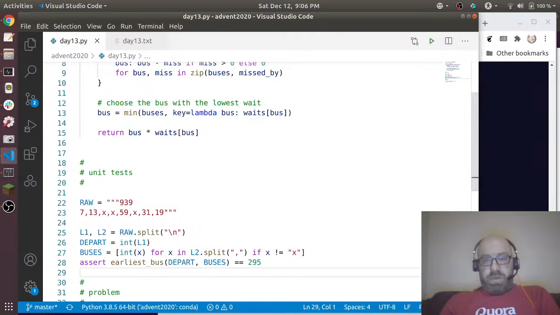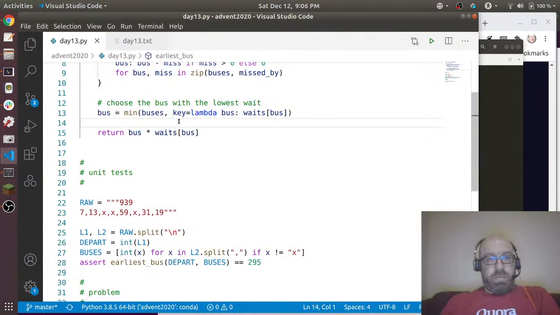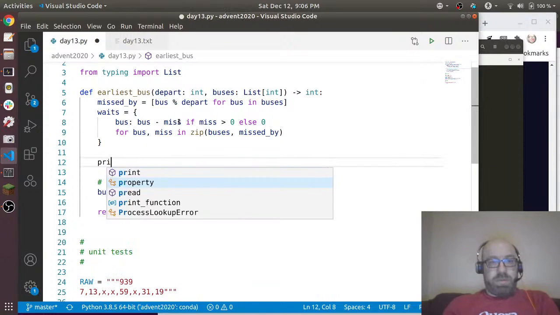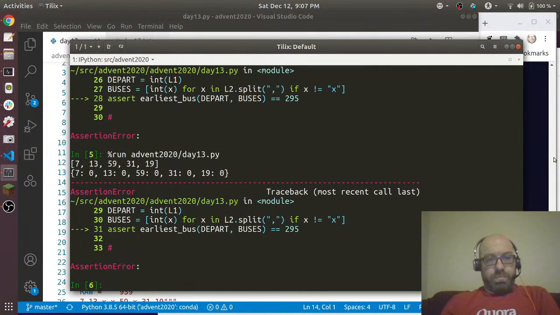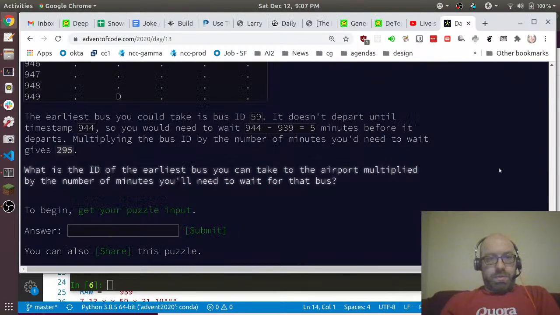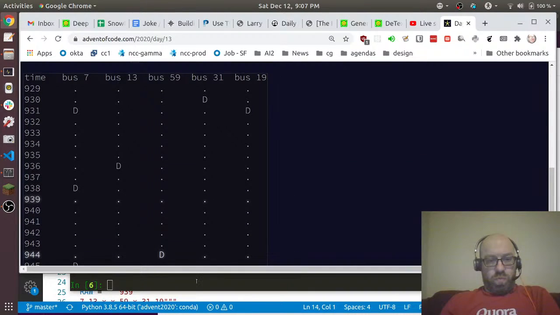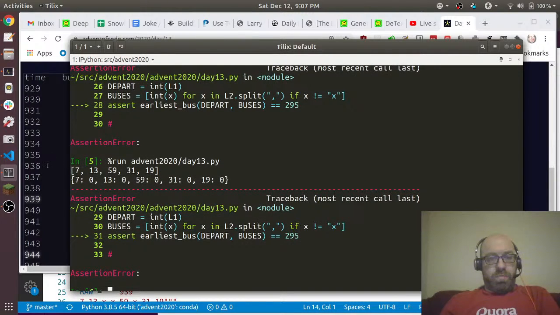So now, I wonder if this is right. It is not right. Okay, so I was worried it wouldn't be right. So let us do this. Let's print missed by and print weights, and then we'll figure it out. Okay, so what did I print?